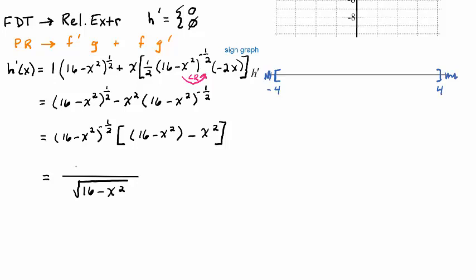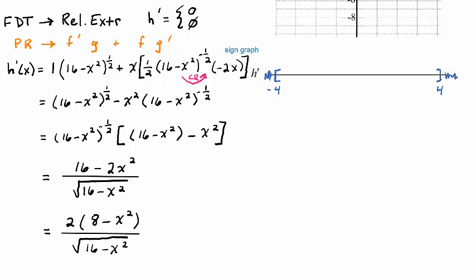And in the numerator, this is going to simplify to be 16 minus 2x squared. Now we can factor a 2 out of the numerator, and we would have quantity 8 minus x squared over the square root of 16 minus x squared.